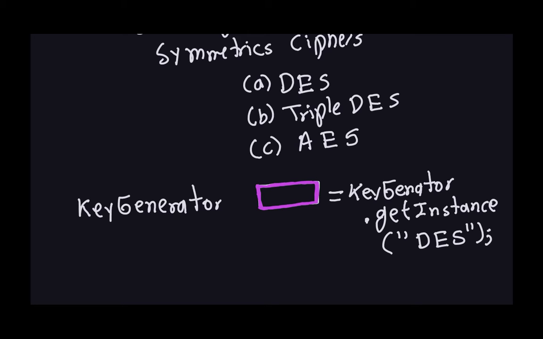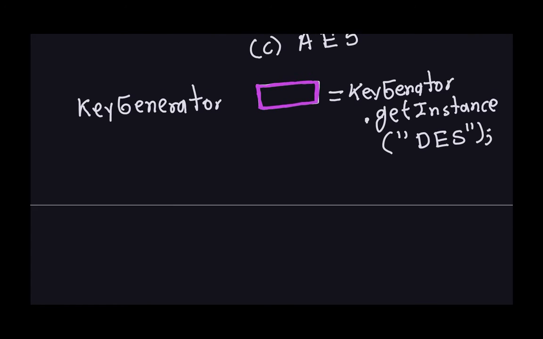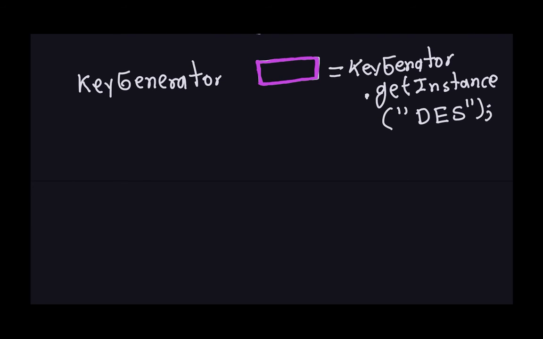And once I have my object, which is the purple here, what I'm going to do is tell it, okay, I want to generate the key, so one key randomly generated. So the code that we're going to use now to generate that, I'm going to call my object that is here, and I'm going to put that in a variable type called SecretKey. So SecretKey is kind of like a variable type, like integer, like float, like double, like boolean.